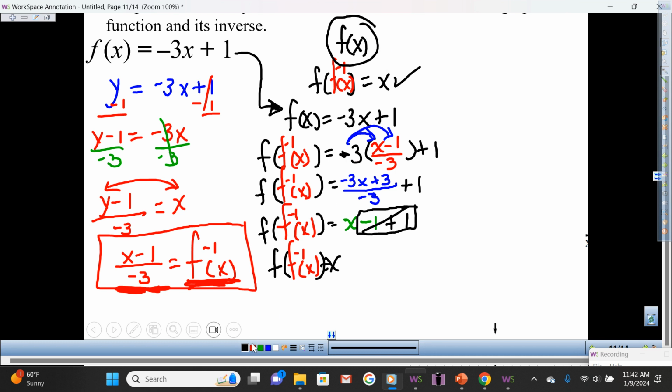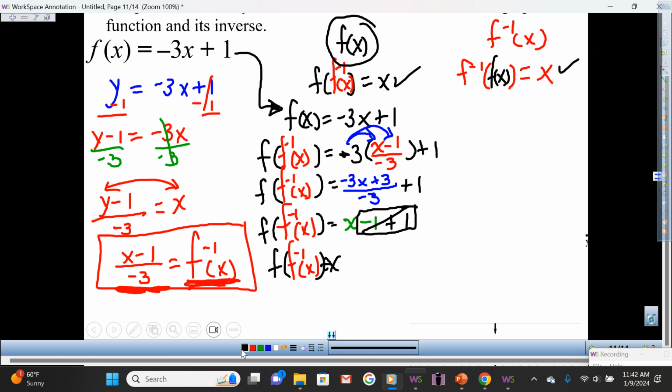Now what do we need to do it for? F inverse of x. What do we need to check? That means we need to check that f inverse of f of x is equal to x. That needs to happen at the end.